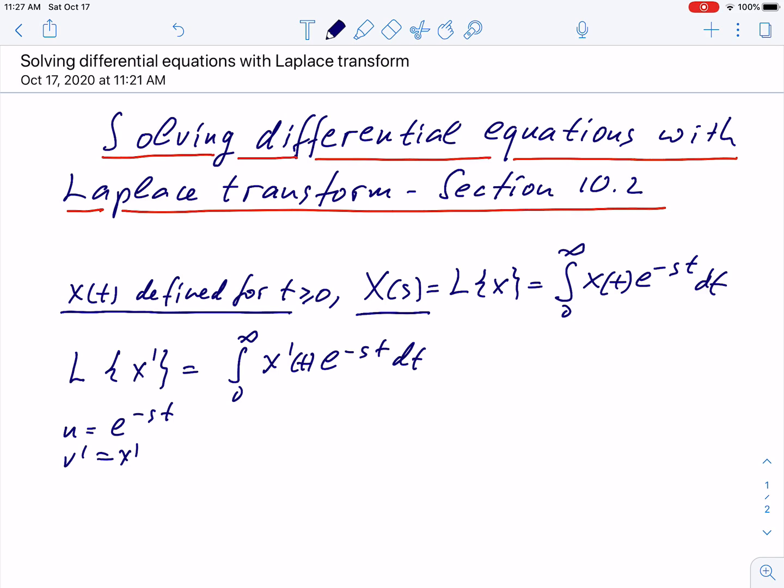Using the formula for integration by parts, we write here x t exponential minus st, evaluated from 0 to infinity, minus integral 0 to infinity x exponential minus st, derivative brings down negative s dt.